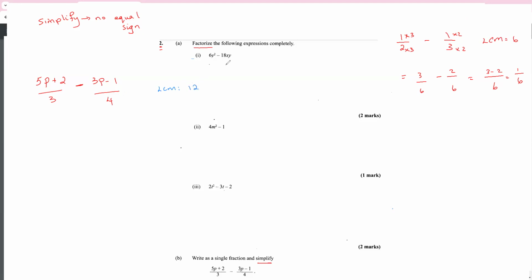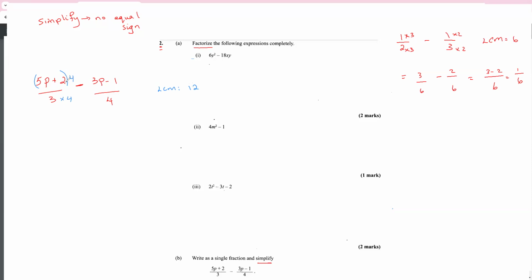If you didn't know it, just look at the times table of 3 and 4 and look for the first one that will be in common. Ask yourself, what do I multiply 3 by in order to make 12? I'll multiply by 4. But whatever I do to the bottom, I must do it to the top.